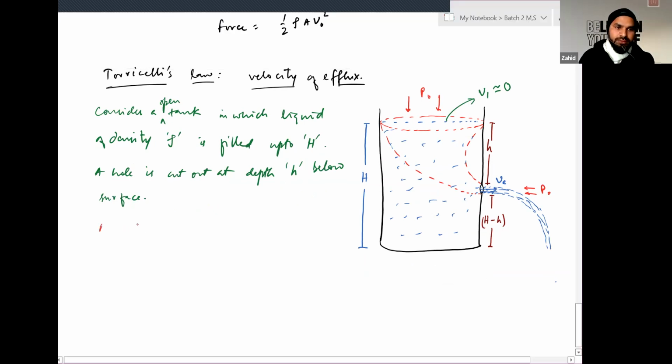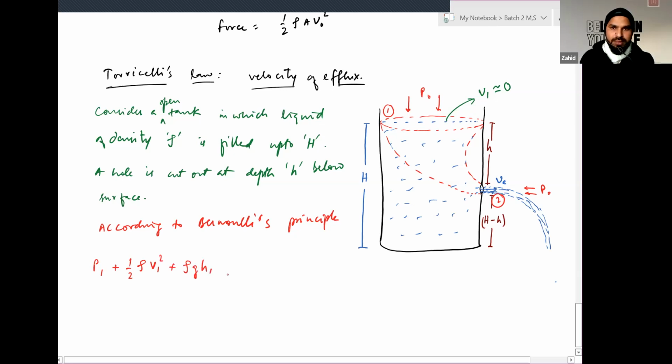So we can write according to Bernoulli's principle, let's say this end is first end and this particular end is second end. So P1 plus half rho V1 square plus rho g H1 at this first end must equal P2 plus half rho V2 square plus rho g H2 at this second end.